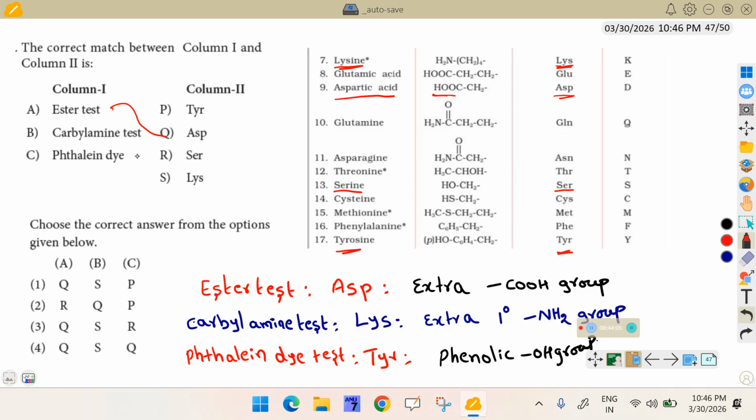Carbylamine test: LYS, lysine, gives the carbylamine test because a primary amine group is present. Phthalein dye test: TYR, tyrosine, gives the phthalein dye because a phenolic OH group is present. So A-Q, B-S, C-P, first option.